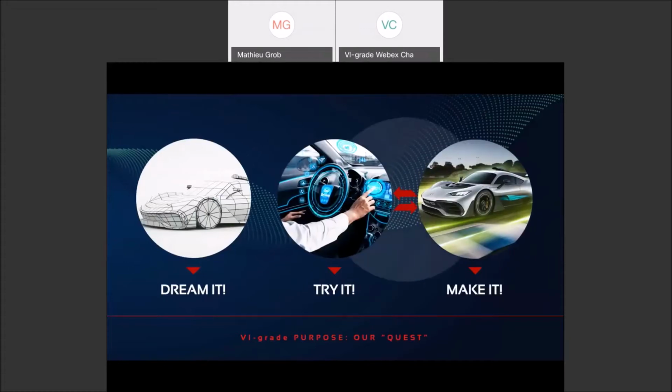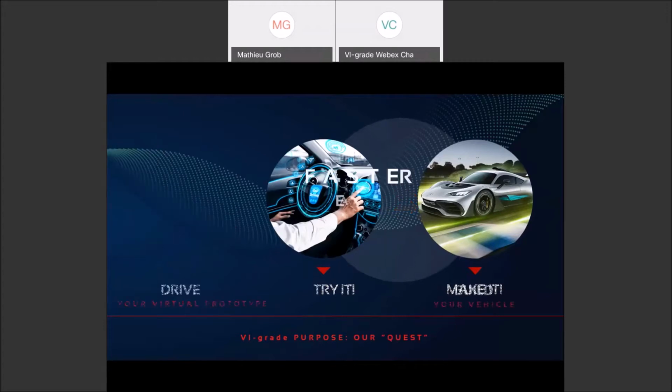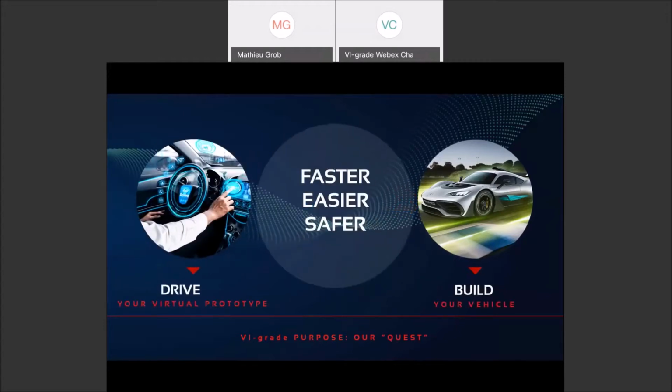Now we have a new paradigm in the automotive industry where we want, more than ever, to try our solution and investigate what is the best final solution before even making the first prototype. This allows faster, easier, and safer development, so you can drive your virtual prototype very early in the development process, and then at the end build your vehicle with very few iterations or in a faster time.